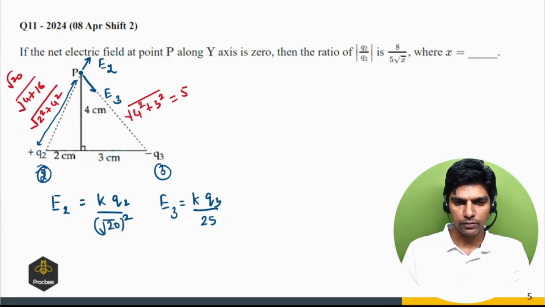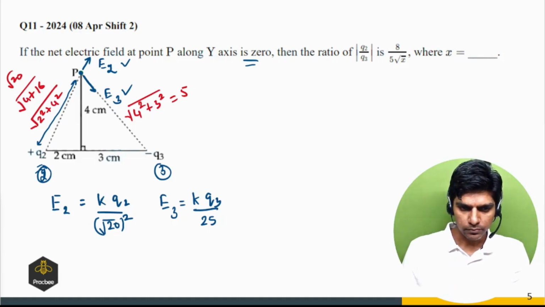And we have given that the net field at point P along the y-axis is 0. So what do we mean by that? It means the field in the y direction is 0. It means the components of E2 and E3 in the vertical direction are cancelling each other out. So let us find the components.